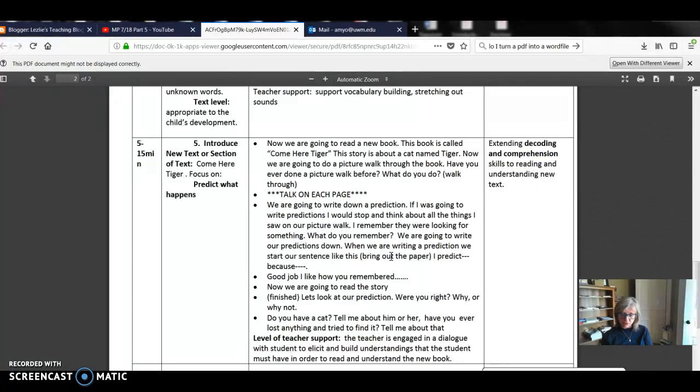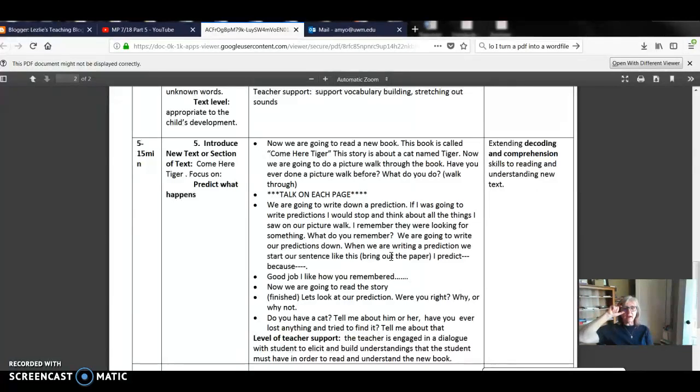Nice conversation around prediction. Well, you had this nice discussion about her dog. And has her dog ever hidden with her? That's pulling up background knowledge. That comes at the beginning when you were introducing the book.